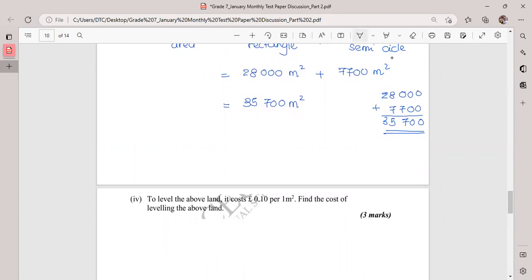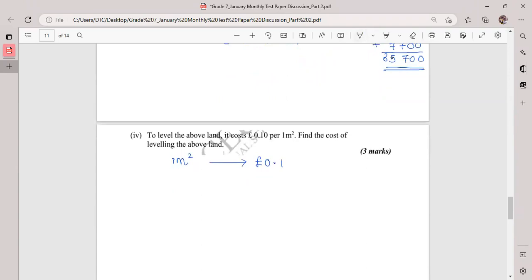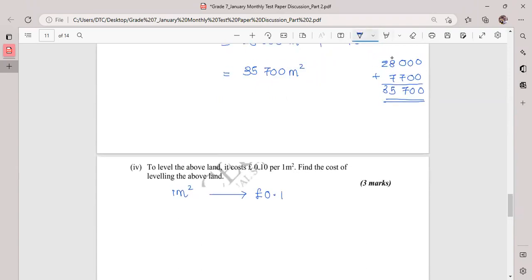So to level, you want to understand, see, 1 meter squared, right? What is the cost you want to bear? That is 0.1 sterling pound. How many square meters do we have? It is 35,700 meters squared.